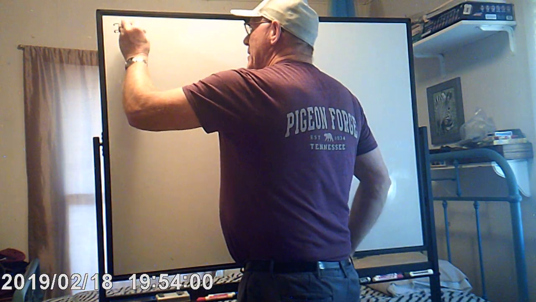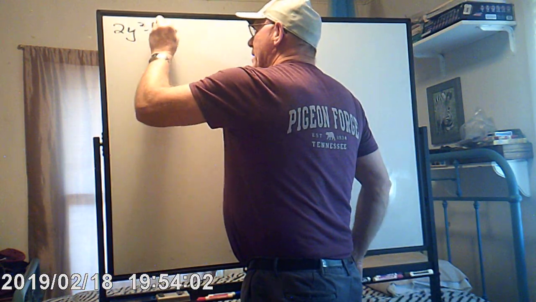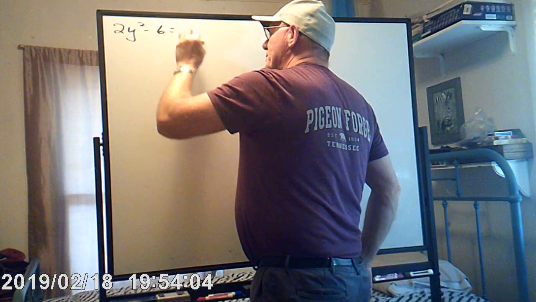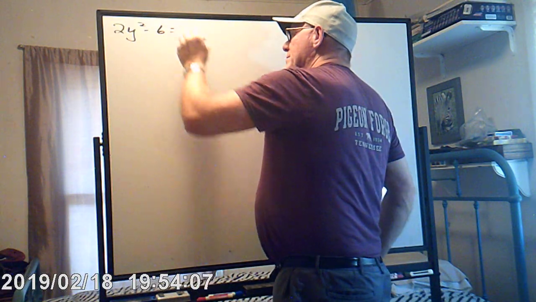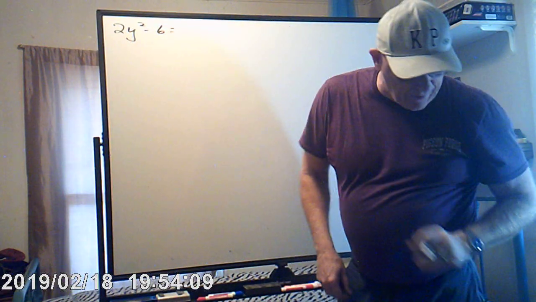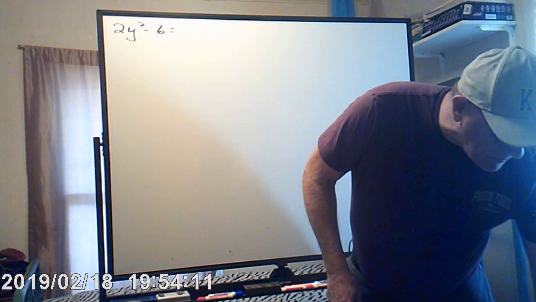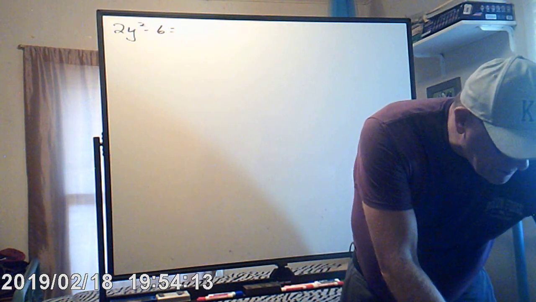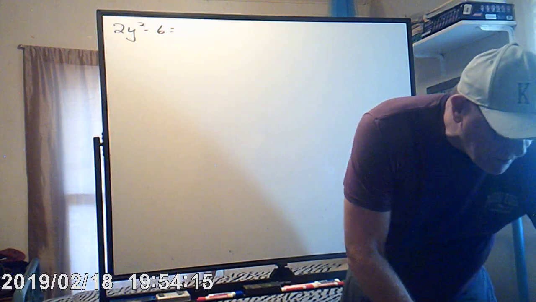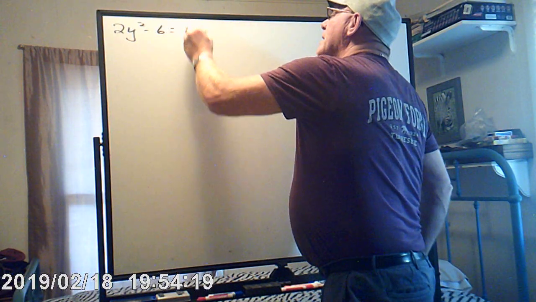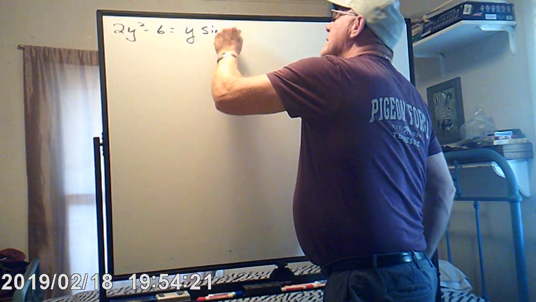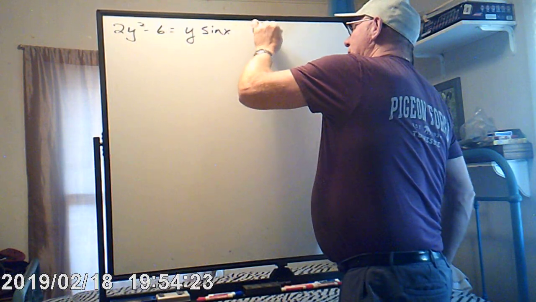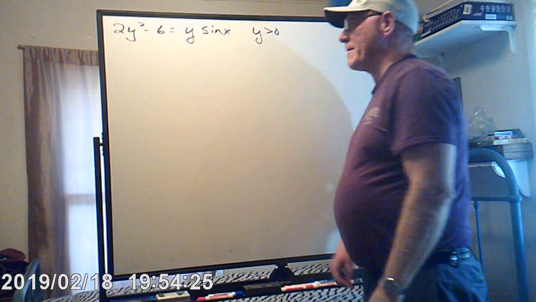2y squared minus 6 is equal to, let me see if I can see where I got this. Bear with me. Y sine x, yeah. Y sine x, and remember y is greater than 0. Okay.